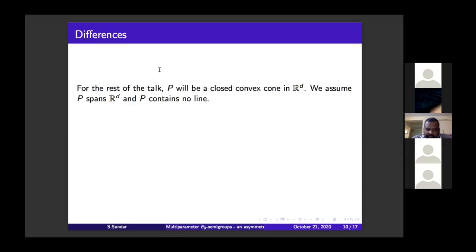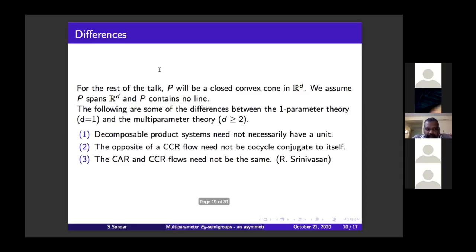I make three statements. The following are some of the differences between the one-parameter and the multiparameter theory. The one-parameter theory is the case where d equals 1, and the multiparameter theory is the case where d is greater than or equal to 2.